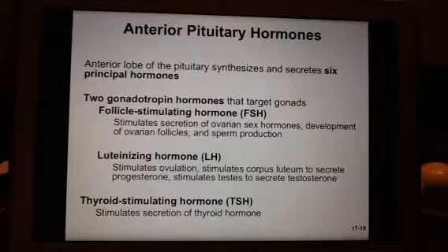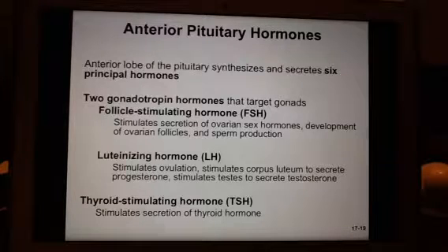So FSH is headed to the ovaries. It stimulates the secretion of the ovarian sex hormones, develops the ovarian follicles, and then in males, sperm production. It's headed to the testes in males. LH, also headed to the ovaries or testes, depending on the gender, works on ovulation, progesterone, and then testosterone in men.